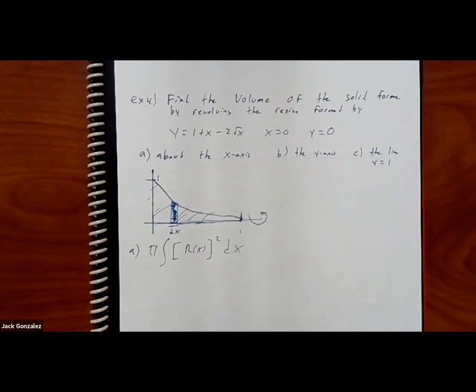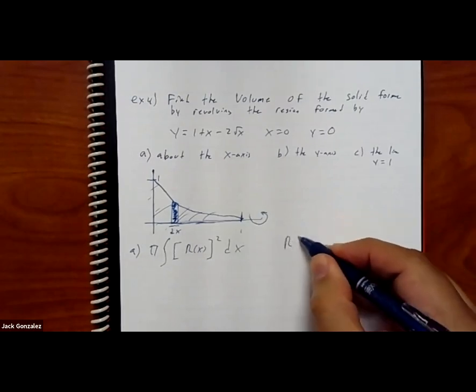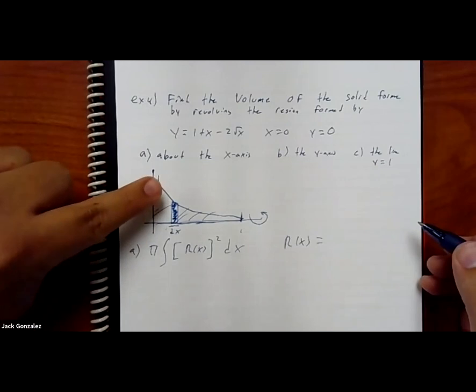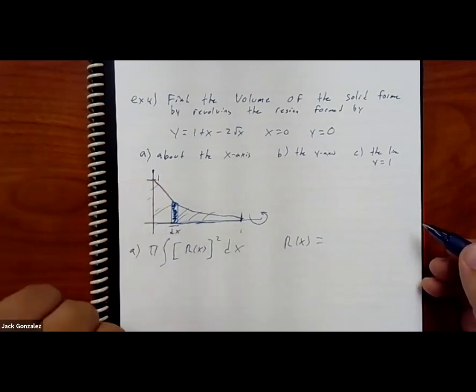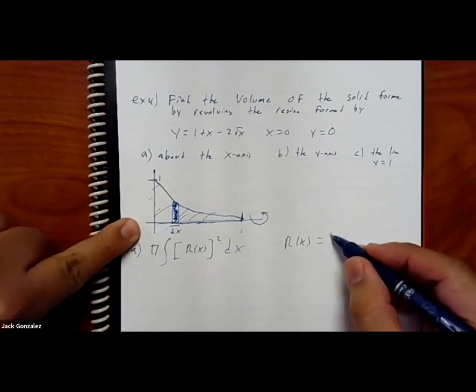Okay. So now what is R? Yeah, it's from the top of the edge of the region all the way down to the rotation axis, which is 0.